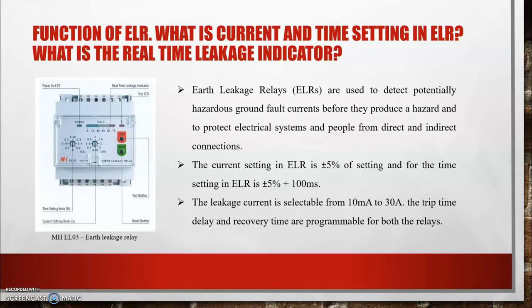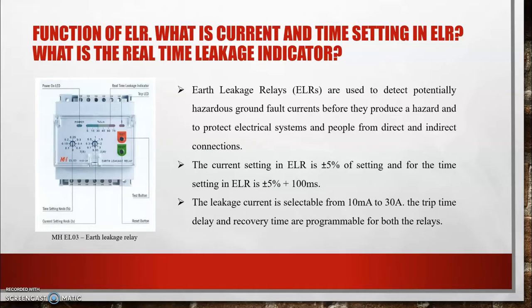So first, the function of ELR, what is current and time setting in ELR and what is the real-time leakage indicator. Earth leakage relays (ELR) are used to detect potentially hazardous ground fault currents before they produce a hazard and to protect electrical system and people from direct and indirect contact.